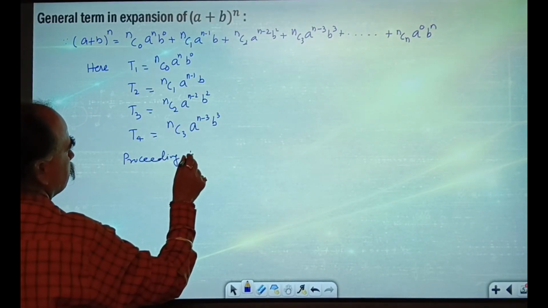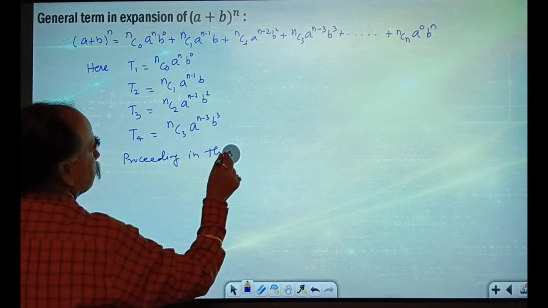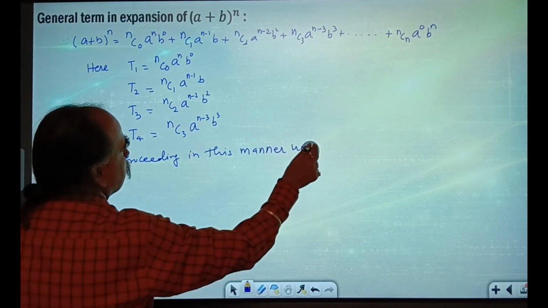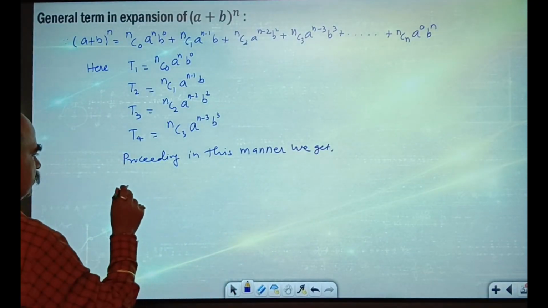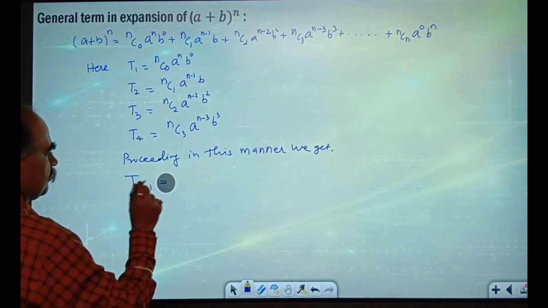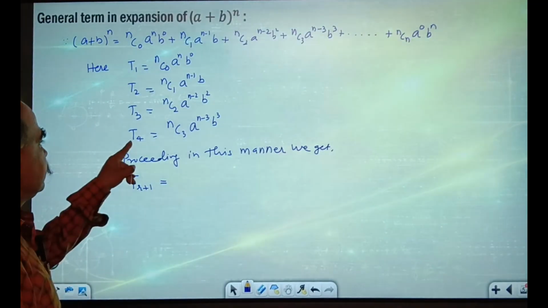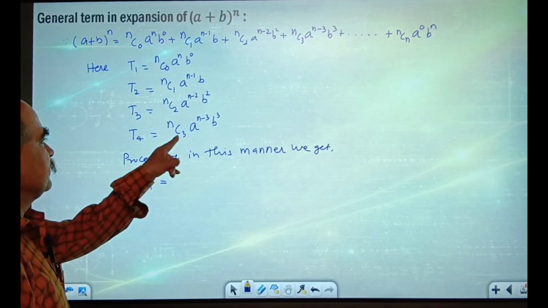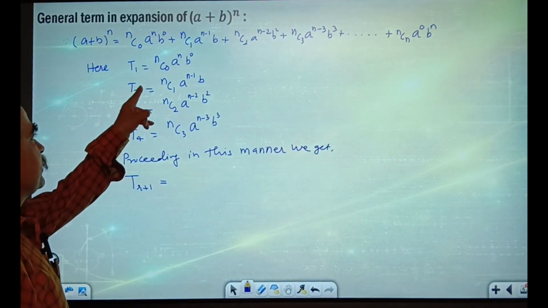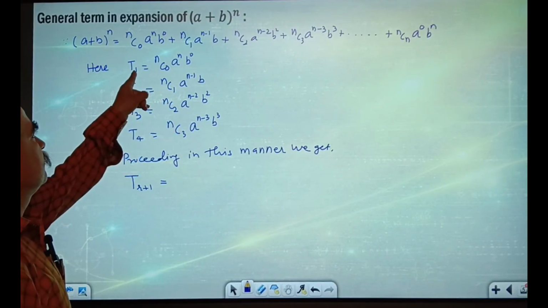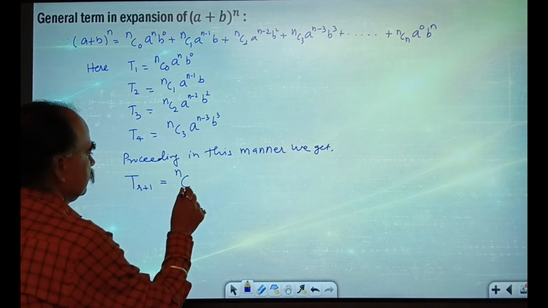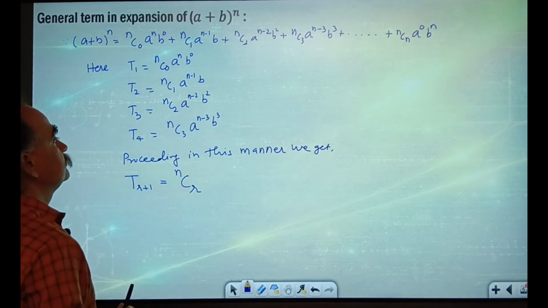Proceeding in this manner, we get T(r plus 1). You can see in fourth term it is 3. Third term 2, that is 1 less. Second term 1, that is 1 less. First term 0. In (r plus 1)th term it will be what? NCr, 1 less.